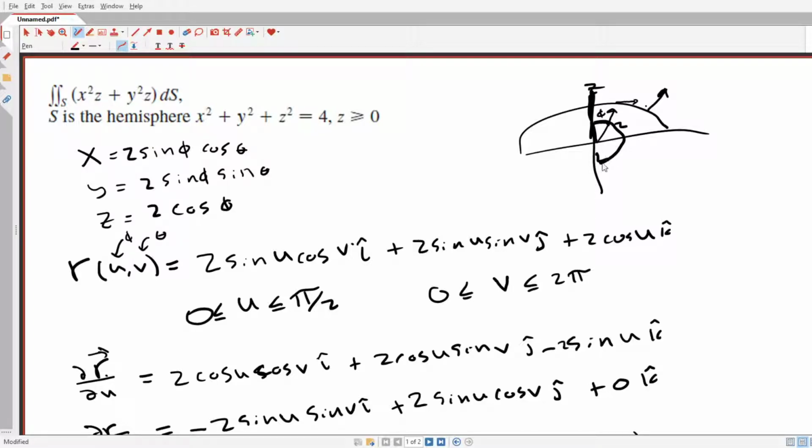So for a full sphere, you could go from 0 to pi for u, and then take that and rotate it around the z-axis 2 pi. So that'd be from 0 to 2 pi. So u would be from 0 to pi, and v would be from 0 to 2 pi if you were doing a full sphere. Does that make sense, though? Why that's the case?